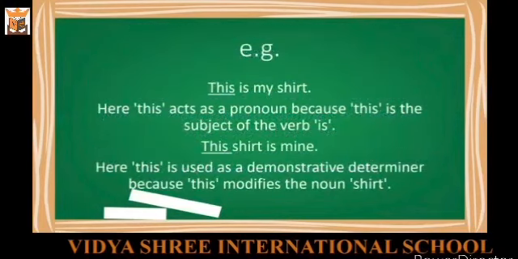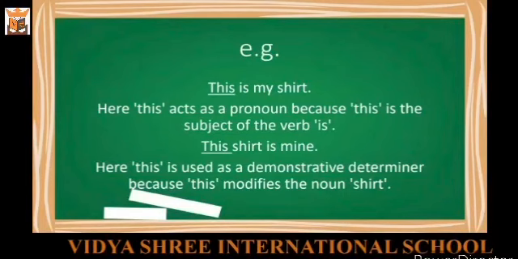For example, this is my shirt. Here, this acts as a pronoun. Why? Because this is the subject of the verb is.